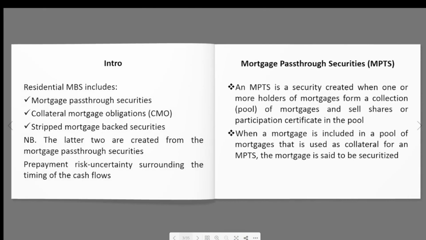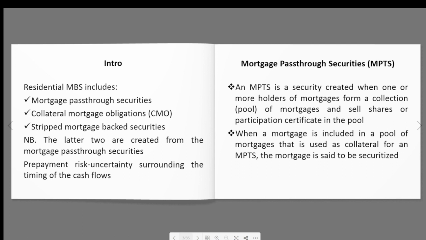Residential mortgage-backed securities include mortgage pass-through securities, collateralized mortgage obligations, commonly referred to as CMO, and stripped mortgage-backed securities. Note, the latter two are created from the mortgage pass-through securities.